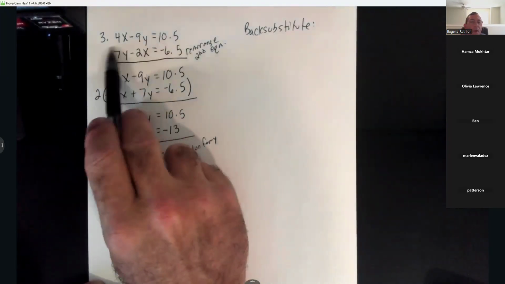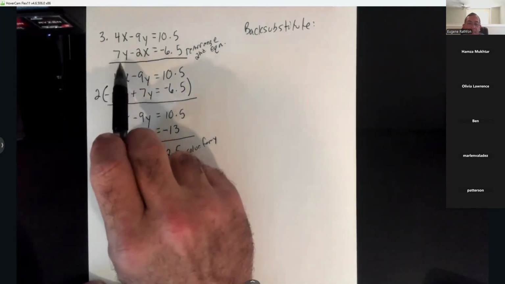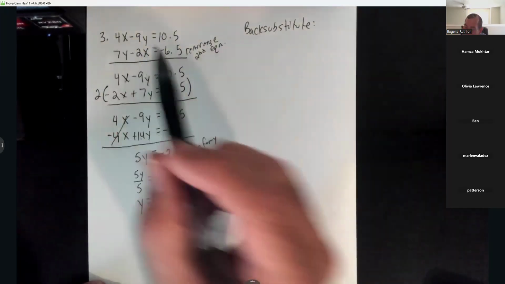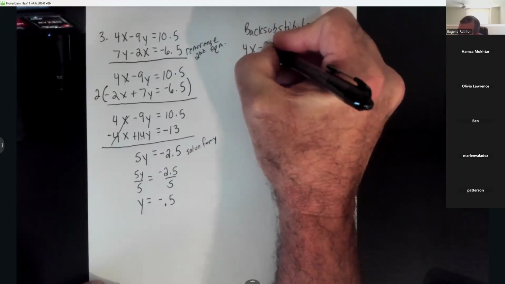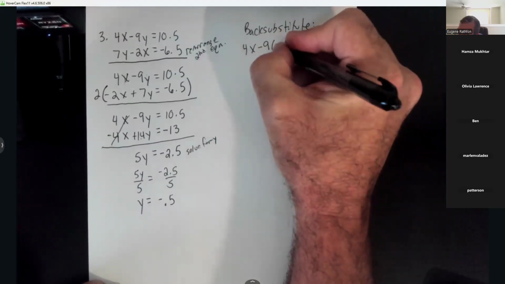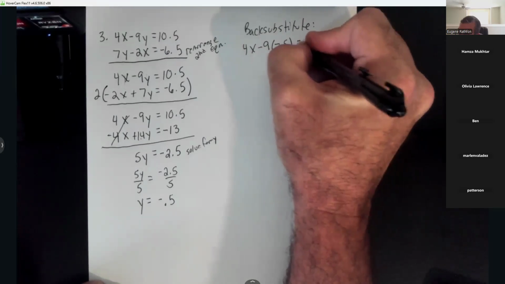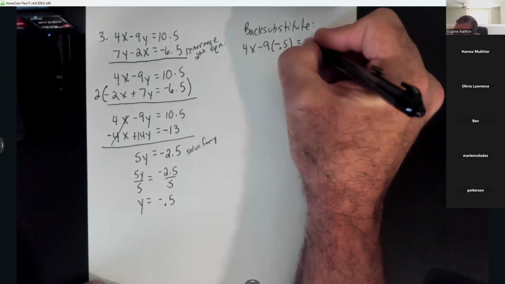And y'all, it really doesn't matter which equation we pick. So, either one. I'm going to keep it with my first one. I got 4x minus 9 times negative 0.5. That's got to equal 10.5.